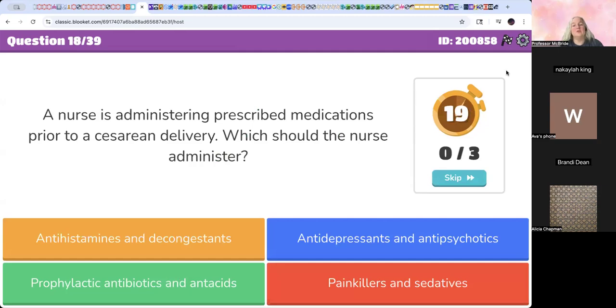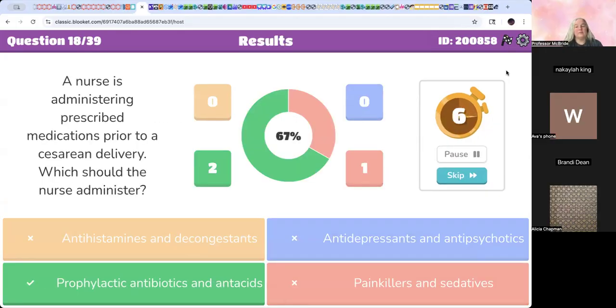A nurse is administering prescribed medications prior to a cesarean delivery. What should the nurse administer? Okay, antibiotics and antacids is the choice here. Since we're opening the uterus, we need an antibiotic to try to minimize the risk of infection.